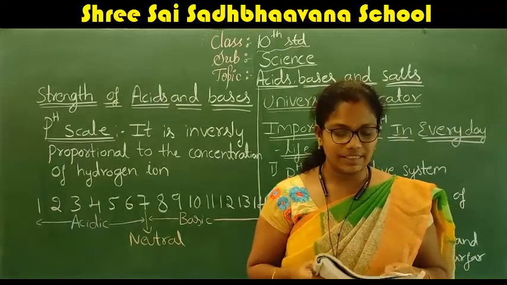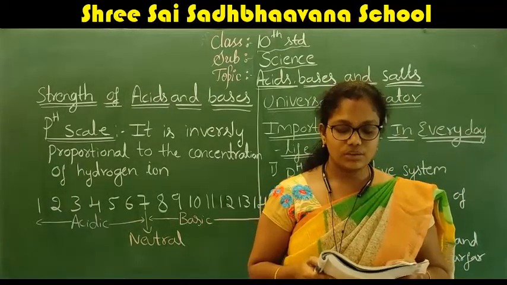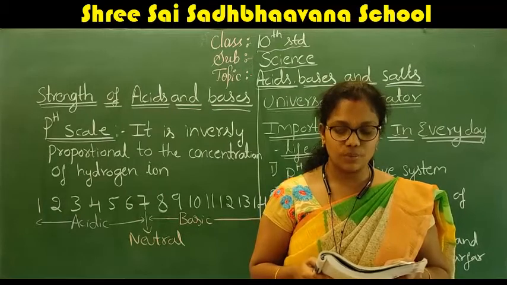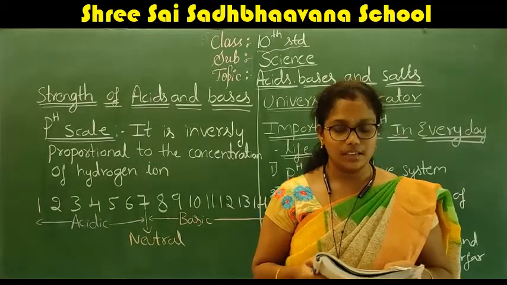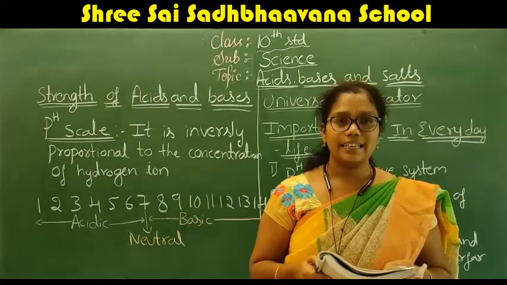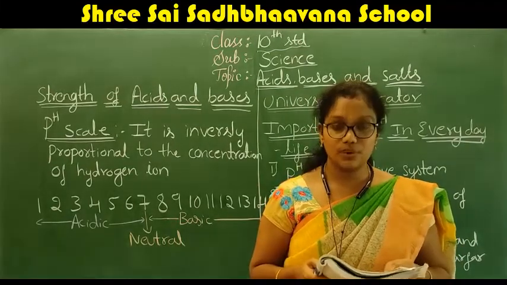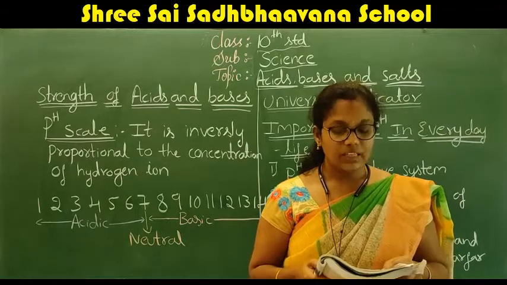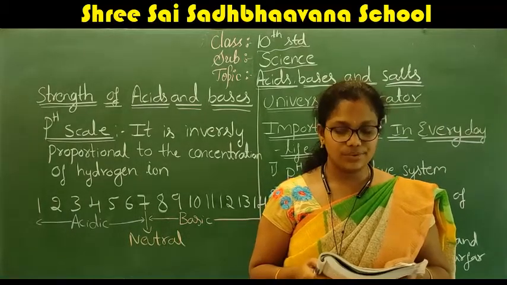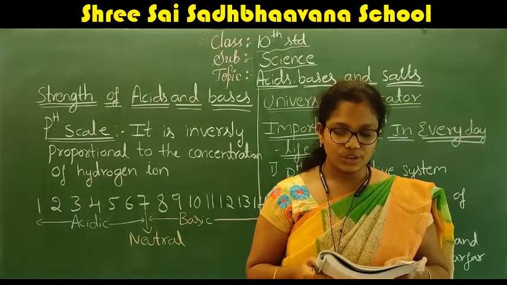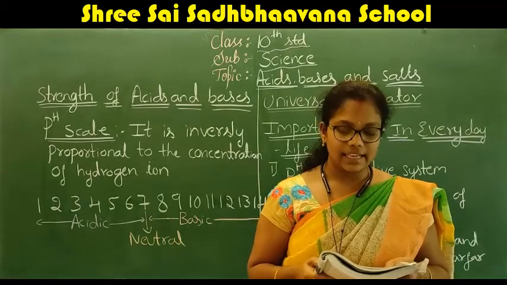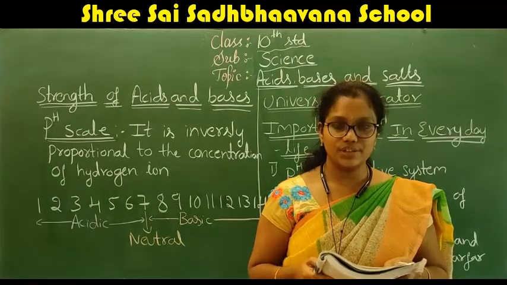One more time, I will read it. Sodium hydroxide is used in the manufacture of soap, paper, and a synthetic fiber called rayon. Second, calcium hydroxide is used in the manufacture of bleaching powder. Third, magnesium hydroxide is used as an antacid to neutralize the excess acid in the stomach and cure indigestion.